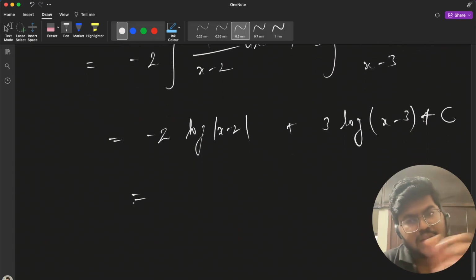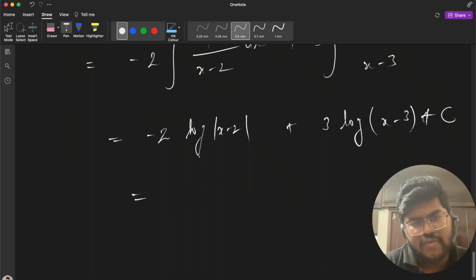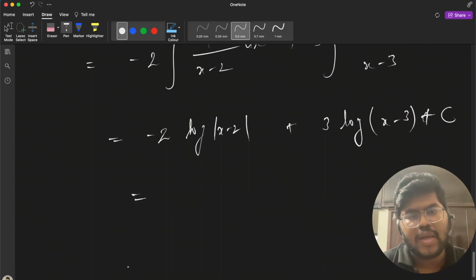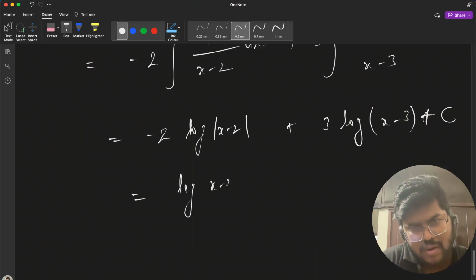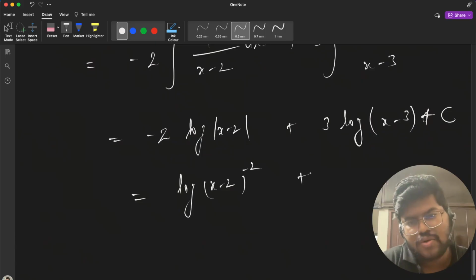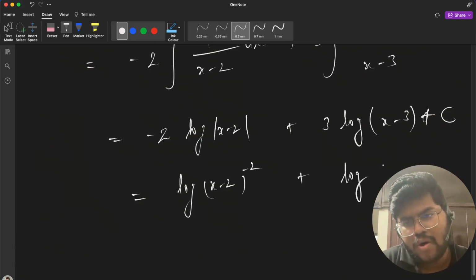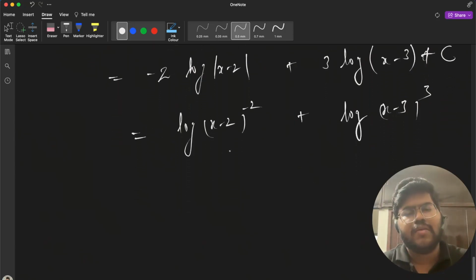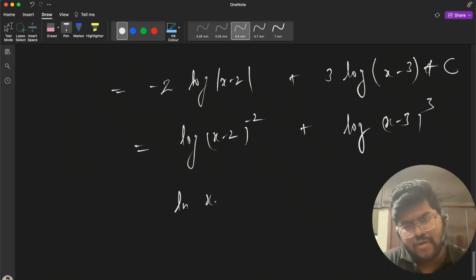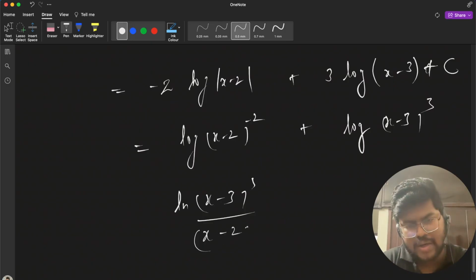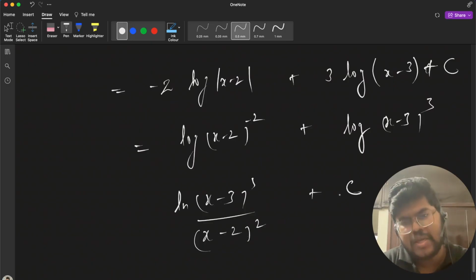If we simplify the log expression, by the property that b log a is log a to the power b, we have log of (x minus 2) to the power minus 2 plus log of (x minus 3) to the power 3. Now simply it is ln of (x minus 3) cubed divided by (x minus 2) squared, plus c.